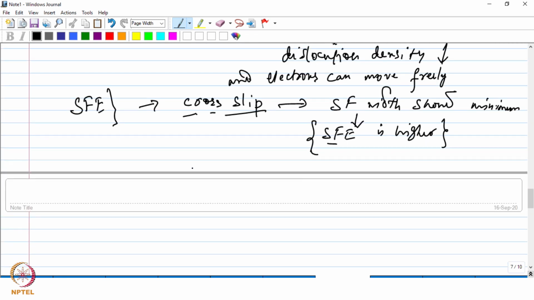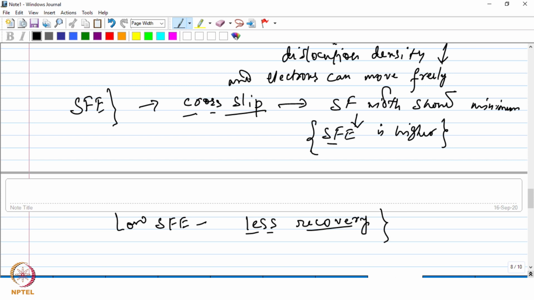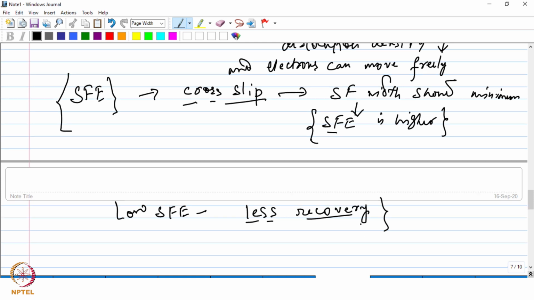On the other hand, if the stacking fault energy is low for such materials, recovery will be less. So with regard to recovery, stacking fault energy is a very important parameter.